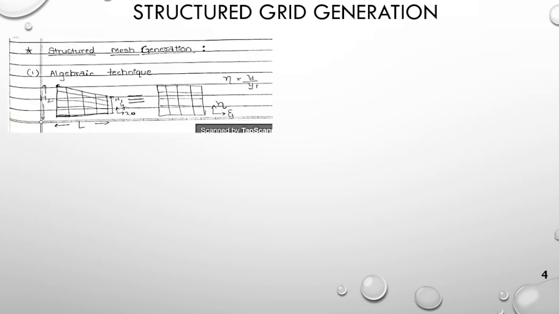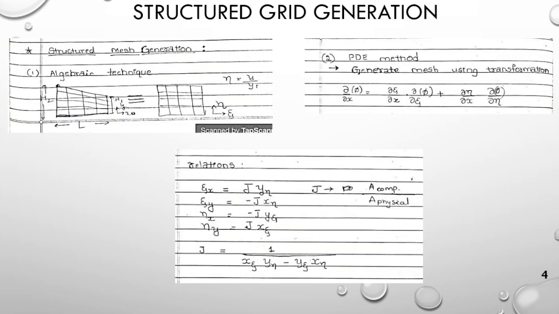Then we wanted to mainly see how we can convert the governing equations which we have in the xy plane to the zeta and eta plane, which is our structured mesh plane. So basically we use something called Jacobian transformations, wherein we use either an algebraic technique or a PDE technique.